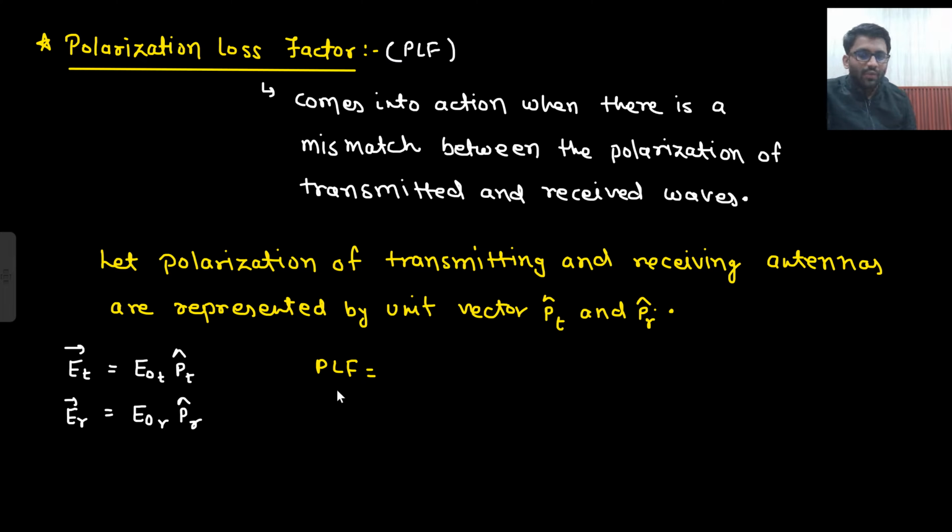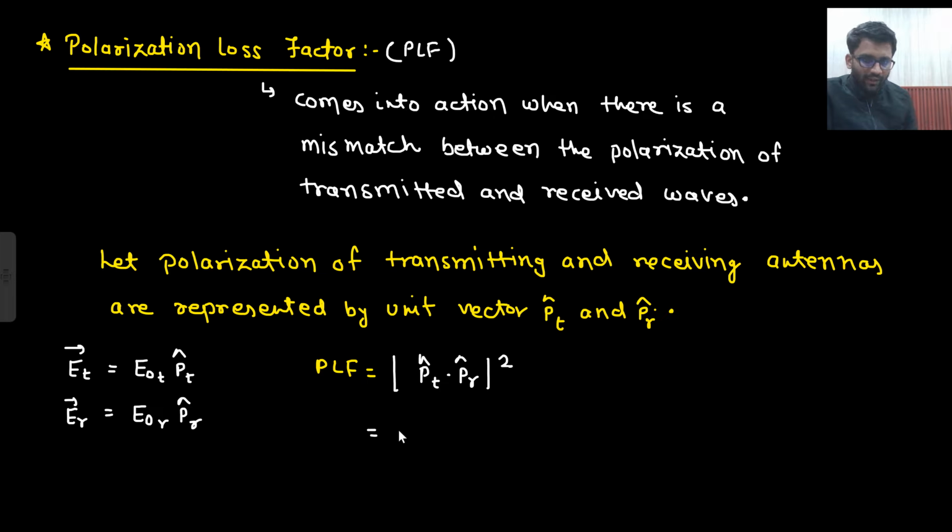So how will my polarization loss factor be defined? It will be defined as the mod of PT dot PR, squared. This is how it is defined. You just need to take the unit vector of the transmitted wave and the unit vector of the received wave, and then do the dot product and take the square of that.